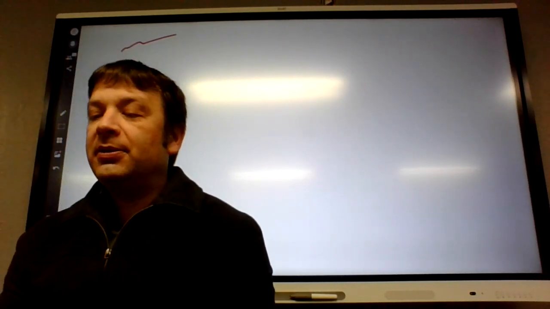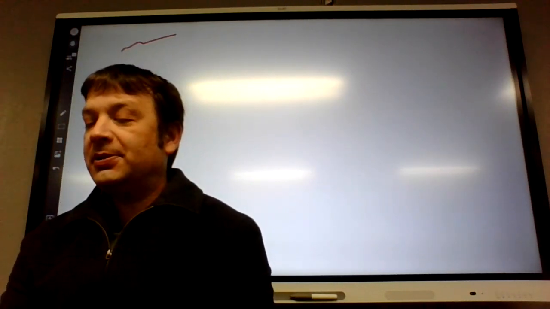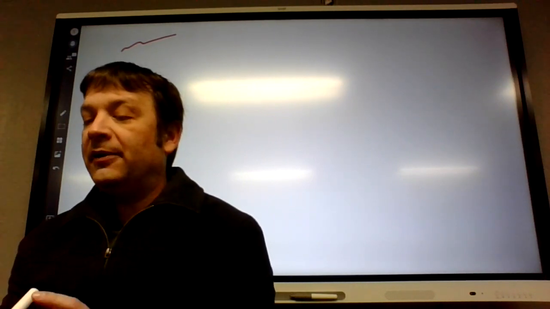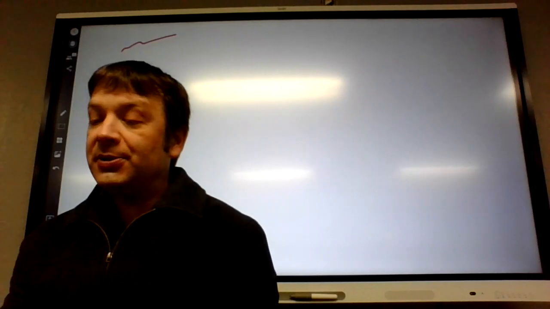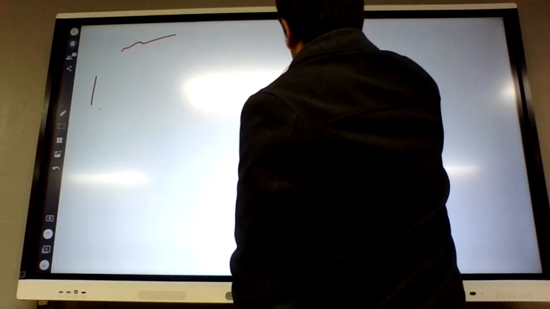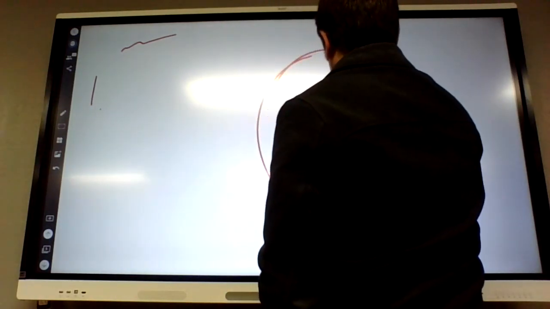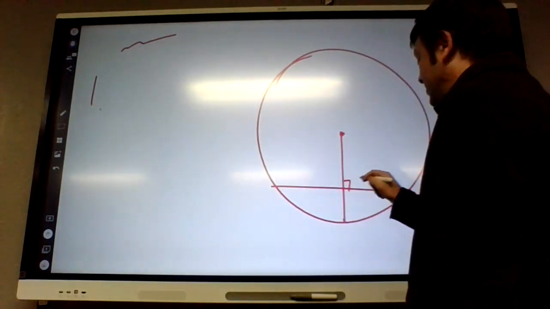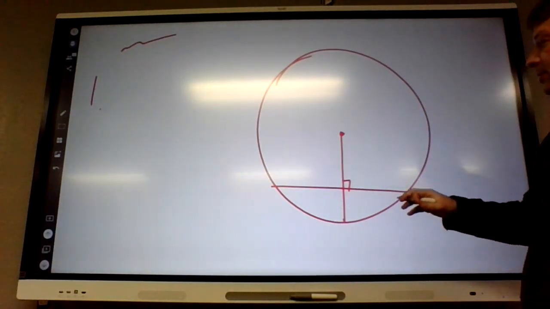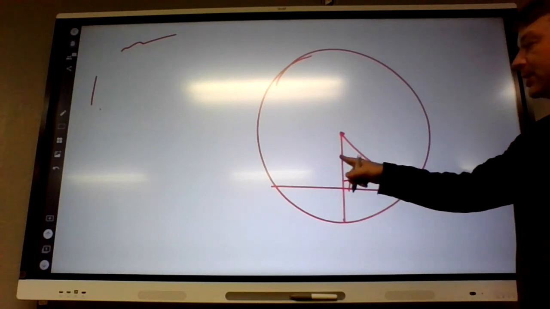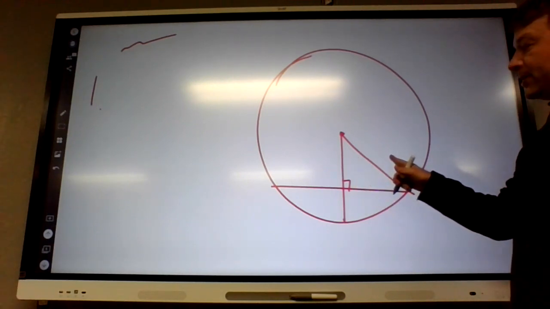The main trick on this will be one of the tricky questions on the test. If they ask for a radius, how do we find a radius? Since this is a 90-degree angle, if I draw this radius in, it creates a right triangle and we use the Pythagorean theorem.